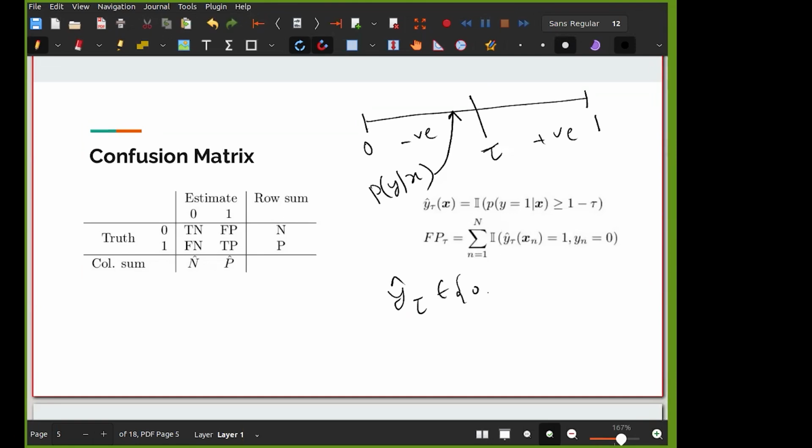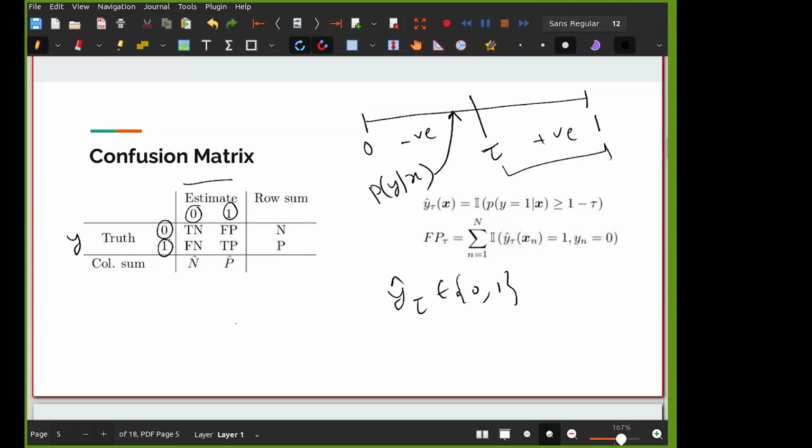It can be either a 0 or a 1 based on whether the probability falls in this area or this area. So that's my y hat, which is my prediction. It's either 0 or 1.